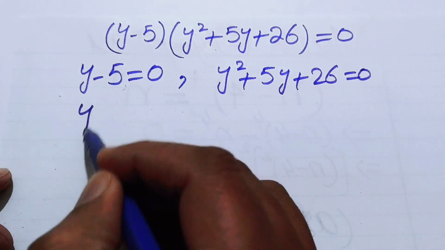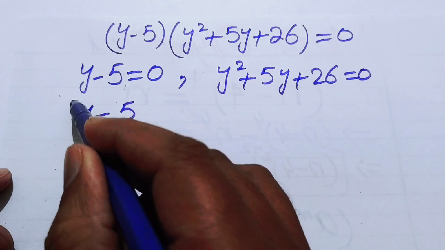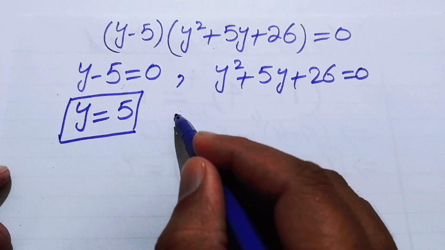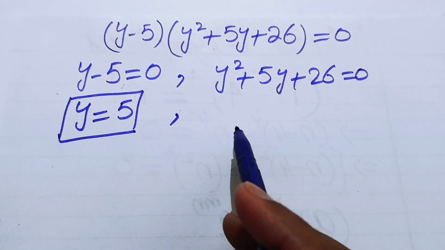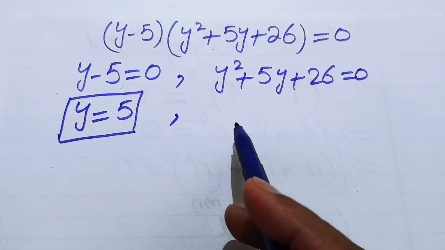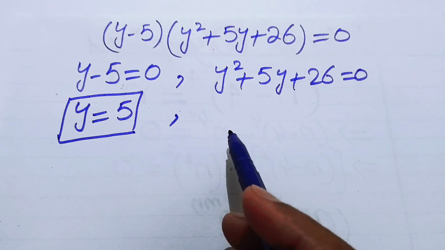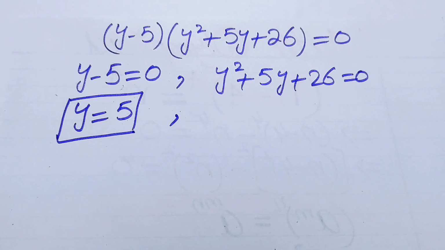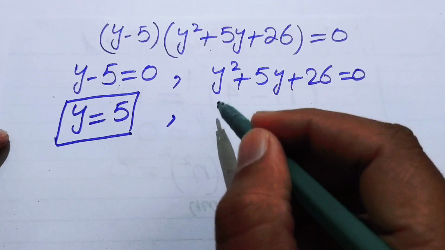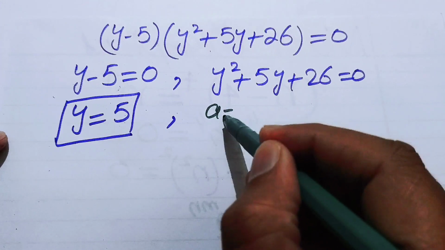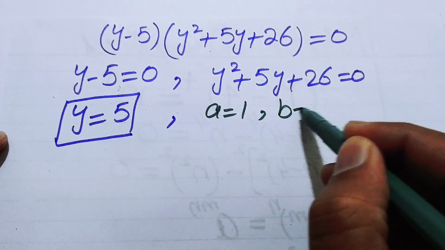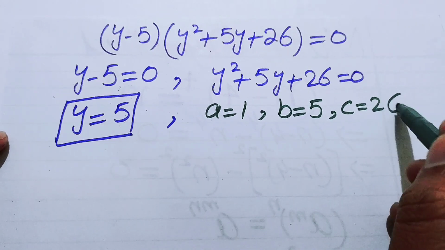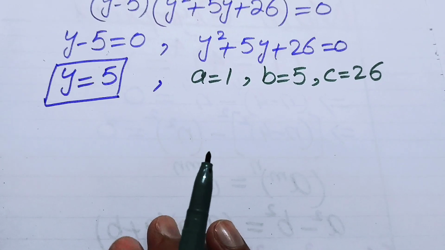In the first case you will get the value of y is 5. In the second case, first we will check whether this equation gives us a real root or not, by using the discriminant formula. So here we write the coefficients of this equation, and you get a equals 1, b equals 5, and c equals 26.